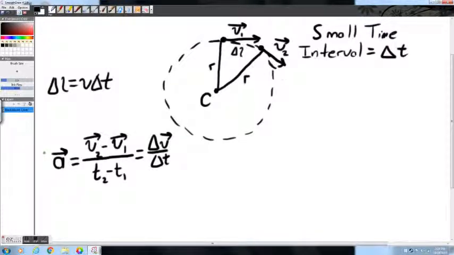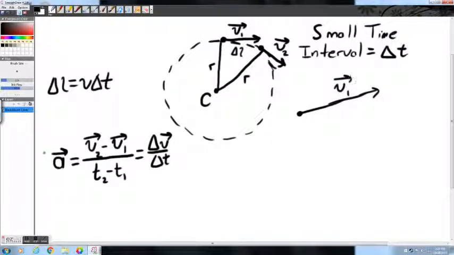And that delta L is an arc along the curve of the circle. So now what we need to do is find a formula for that acceleration towards the center.